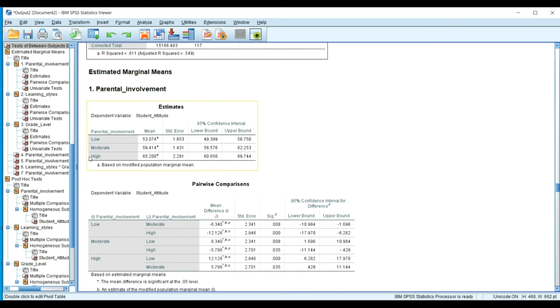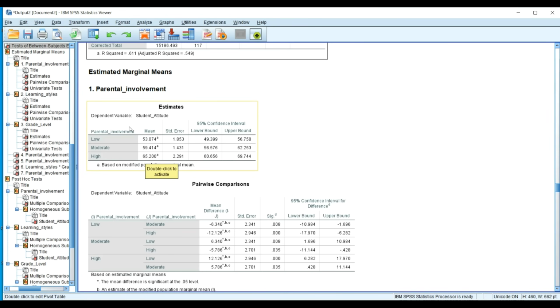Now, you can see that the mean effect for the high is 65.2, and then the moderate is 59, and the low. So that gives us an idea that the higher the parental involvement, the higher the possibility of students' attitude towards science.